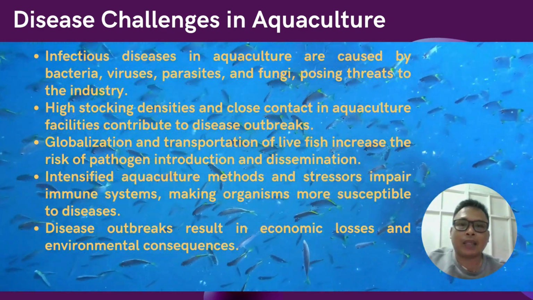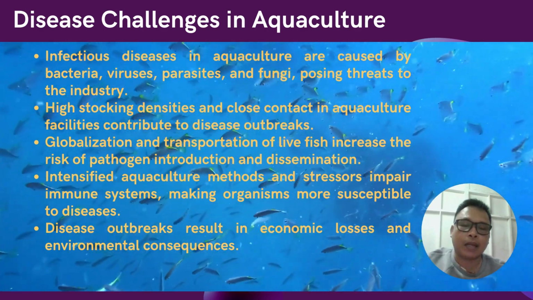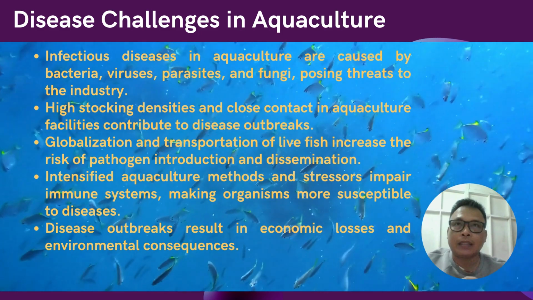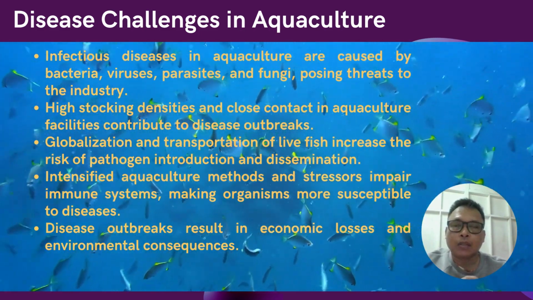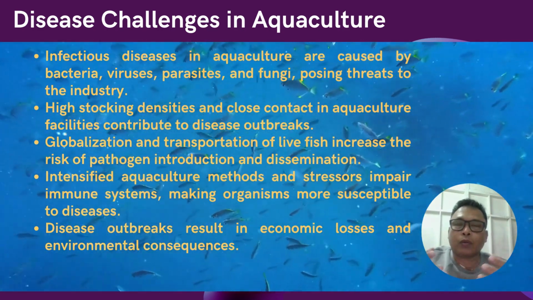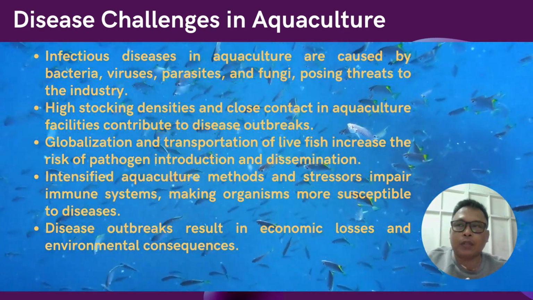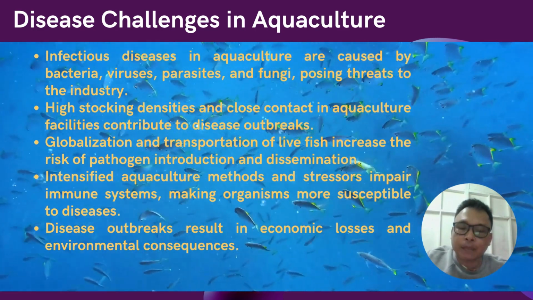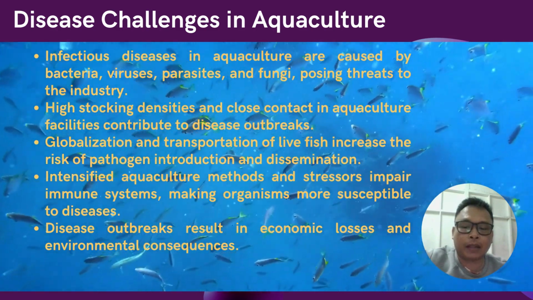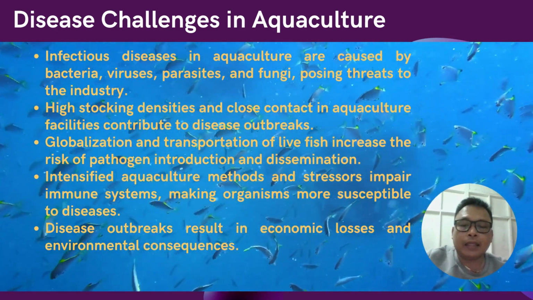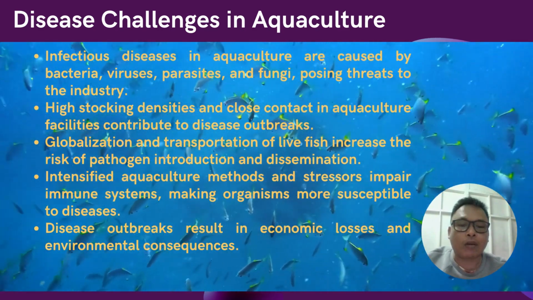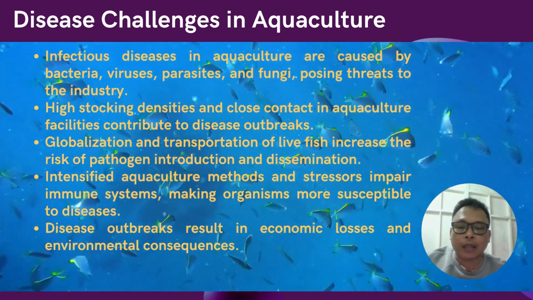Disease outbreaks in aquaculture can have serious consequences. High disease death rates might result in severe financial losses for farmers. Losses may include the cost of lost stock, expenses for disease diagnosis and treatment, and the possibility of diminished production and market value. Disease outbreaks can have negative environmental consequences in addition to the economic costs.